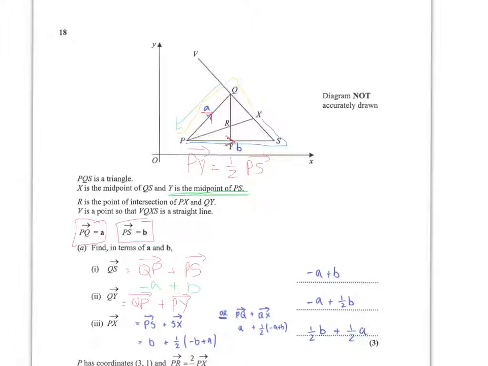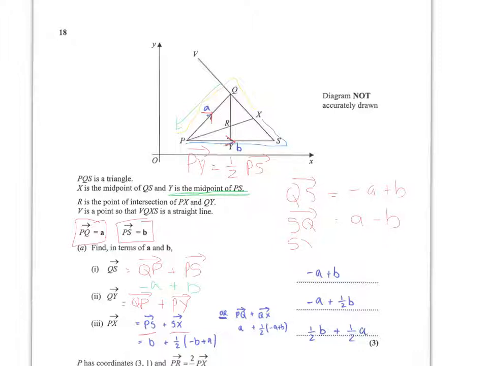So p to x is p to s plus s to x. P to s I know is b. S to x, well we've already worked out q to s, which we said is minus a plus b. So therefore s to q, the opposite direction, is actually going to be a minus b.